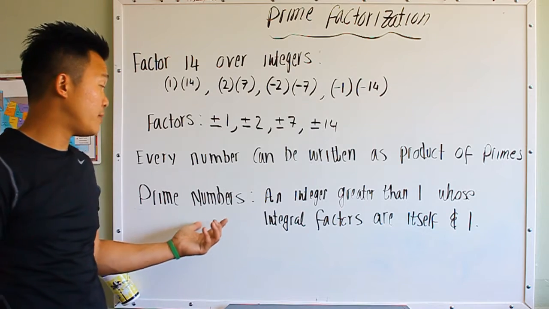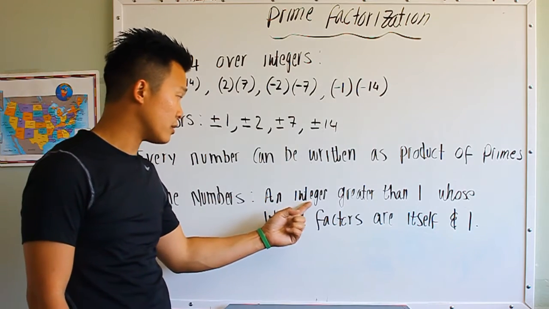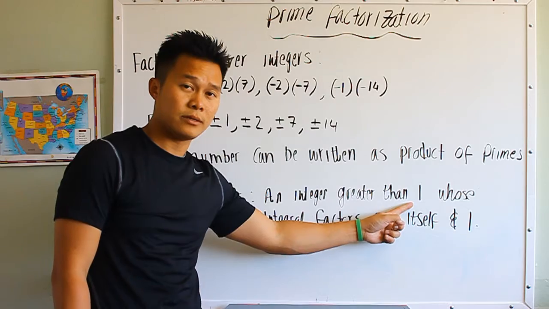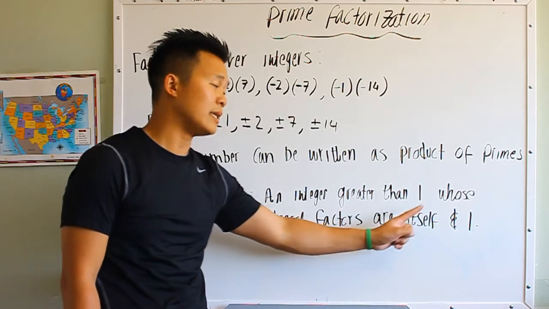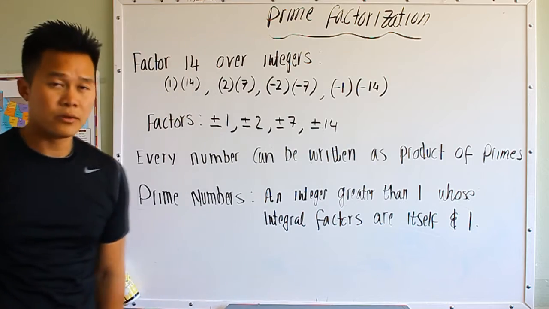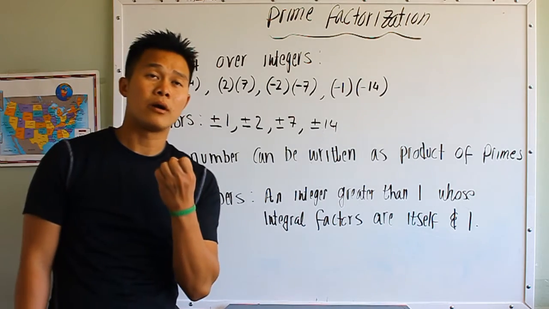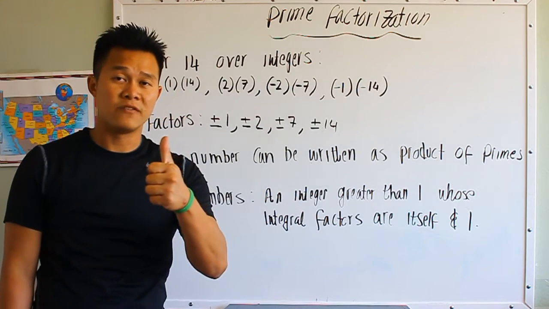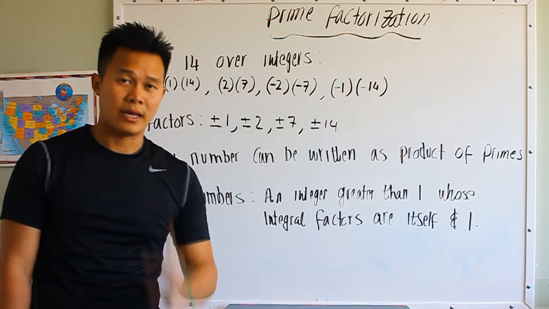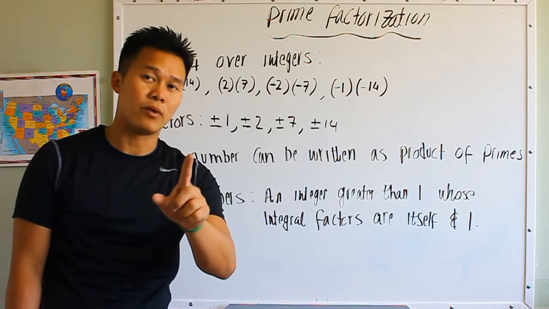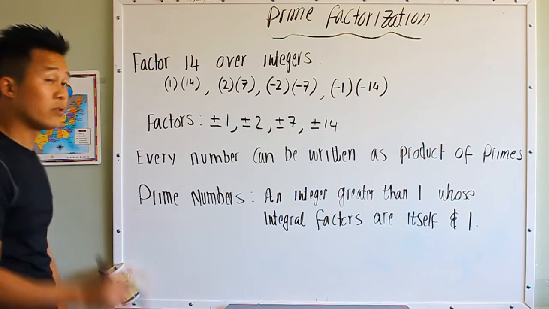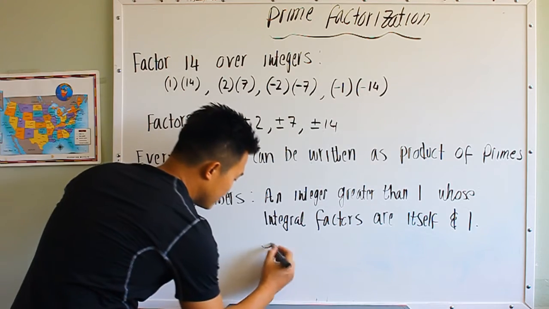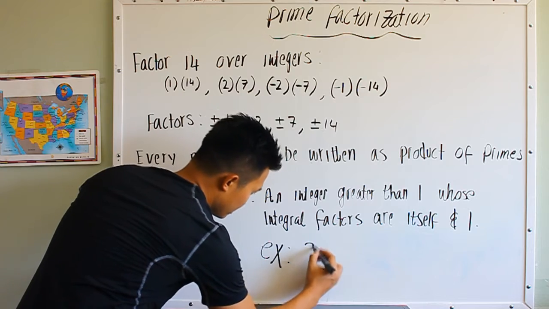A prime number is basically an integer that's greater than 1, whose integral factors are 1 and itself. In other words, prime numbers are numbers that are divisible only by itself and 1, but it has to be bigger than 1. So 1 is not a prime number. The smallest prime number happens to be 2.